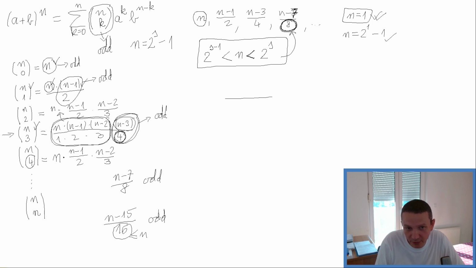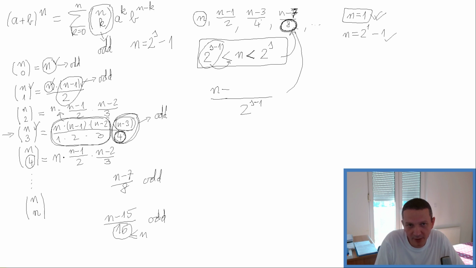The last denominator will be actually this guy here, 2 to the power of s minus 1, this 8 or 16 or whatever, but the biggest denominator here is this guy here, which is less than n, and the next one is greater than n. And above we have actually n minus a number which is by one less.